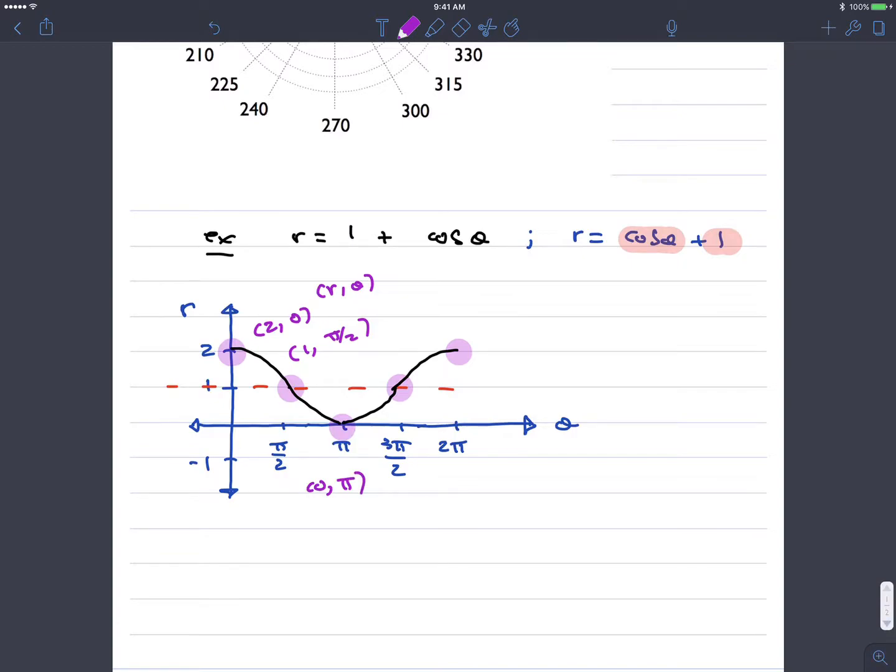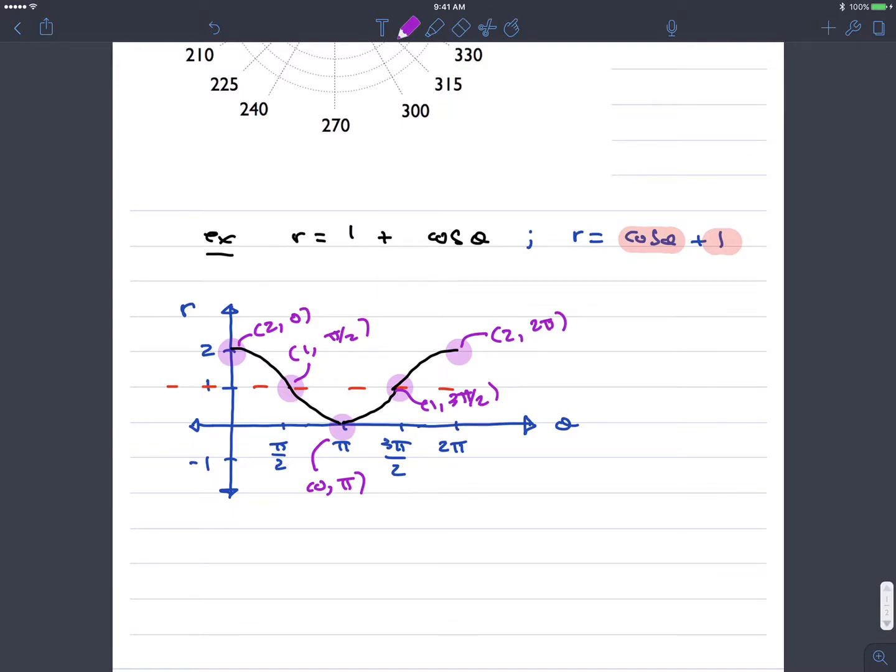And what is this over here? Radius 1, angle, what's my angle? 3 pi over 2. Good. And then what's my radius here? 2. And what's the angle? 2 pi. So I'm actually looking at all of these points right here. Okay? You guys okay with that? I need r versus theta.